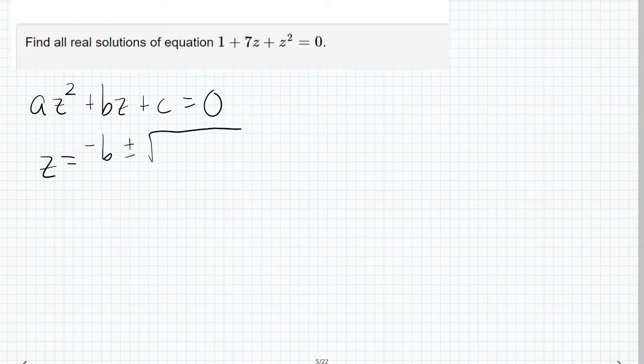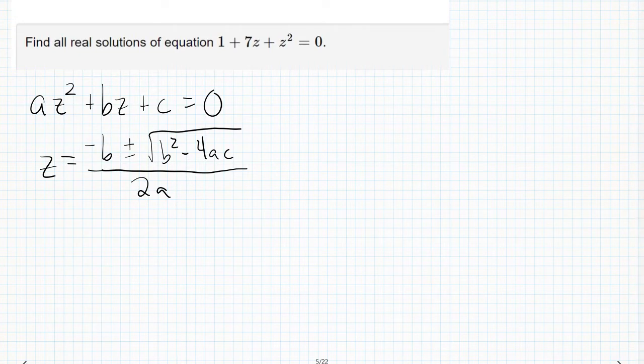Notice it is equal to 0 on the right hand side, and so your formula goes negative b plus or minus square root b squared minus 4ac all over 2a. So that's what a lot of people do. They sing the Pop Goes the Weasel song, so they know it. So now we just have to figure out a, b, and c. So notice we have to do a little bit of a rewrite. This is 1 times z squared.